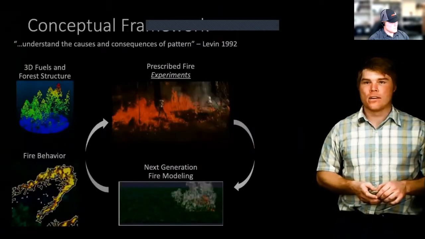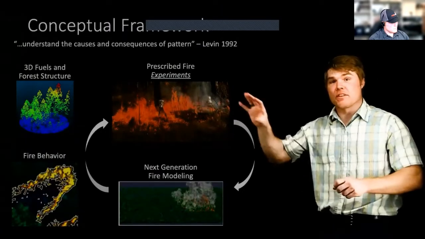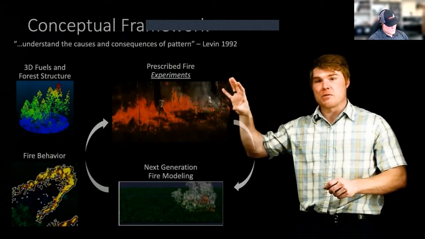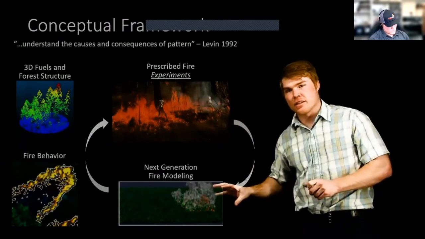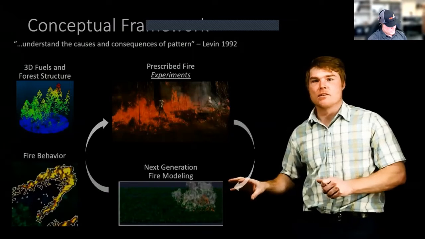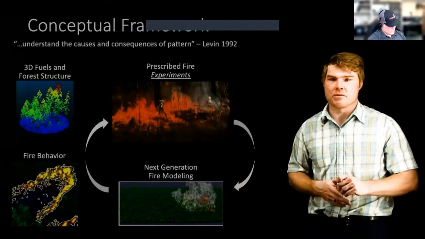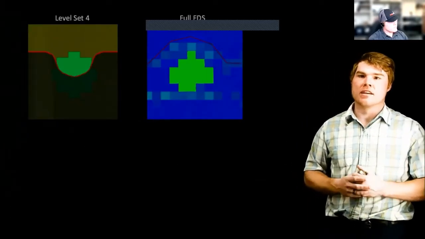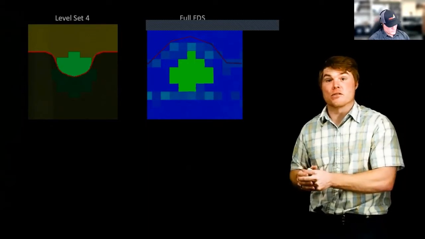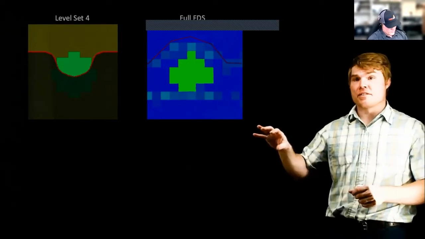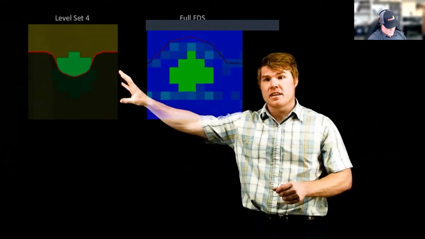So back to that framework, we've got the experiment implemented, and we've got some data. Now I'm going to quickly talk about some basic results we're getting out of the fire models, really preliminary but interesting. I mentioned we're using that WFDS model. There are simplifications of that called level sets.